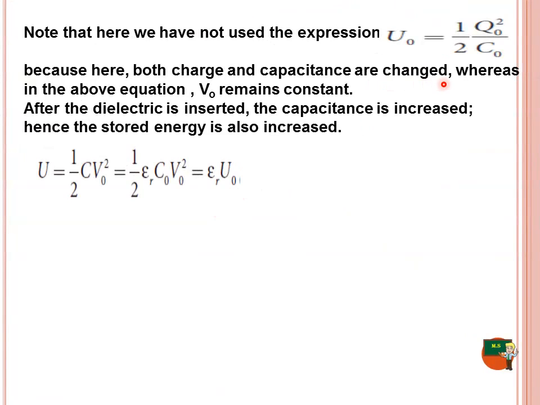After the dielectric is inserted, the capacitance is increased. Hence, the stored energy is also increased. Therefore, U is equal to 1 by 2 C into V naught square, which is equal to 1 by 2 epsilon r C naught V naught square.